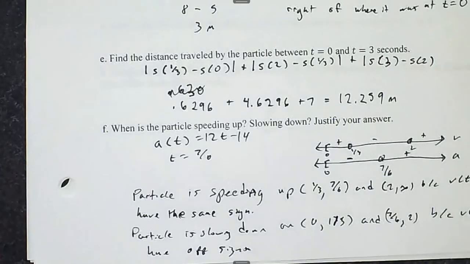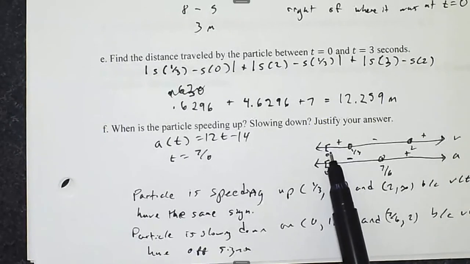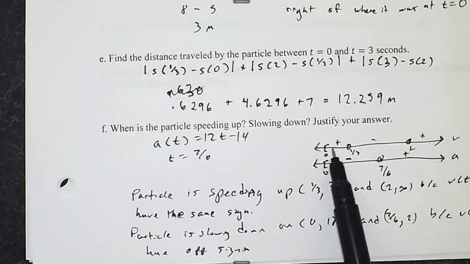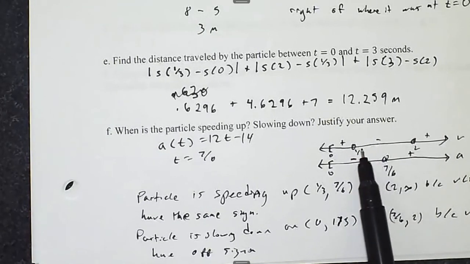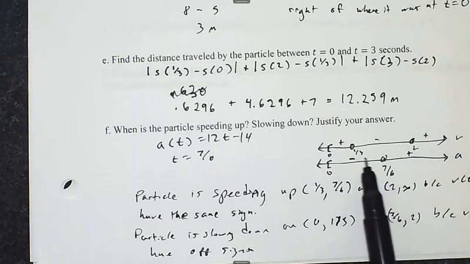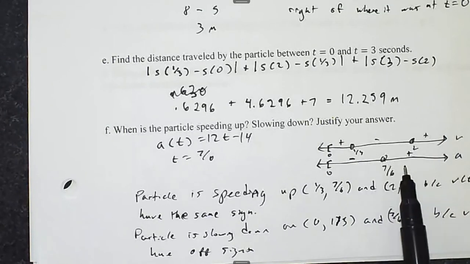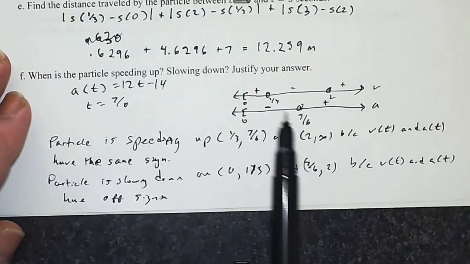So if we think of acceleration as connected to a force, simply multiplying it by mass gives you that force, we could see that when the particle had a positive velocity, there was a tug on it in 0 to 1/3. This tug was slowing it down until it eventually reached a velocity of 0 and then became negative. And then from this interval here, they're working in the same direction, and then something causes this acceleration to change from being negative to now positive.